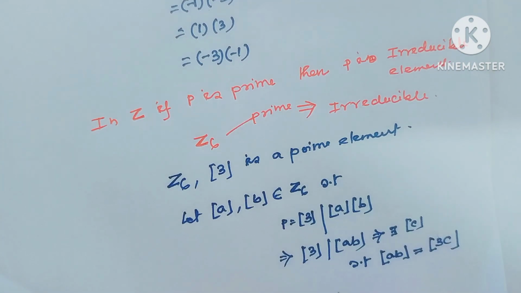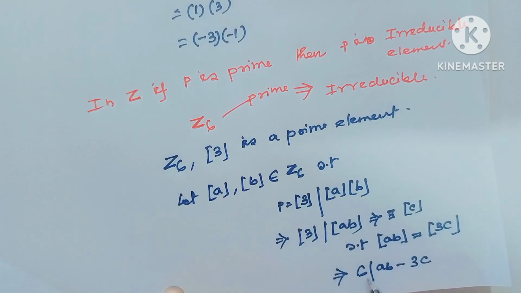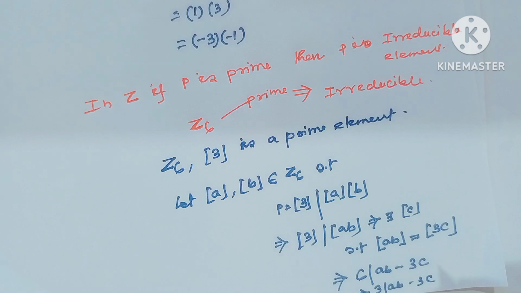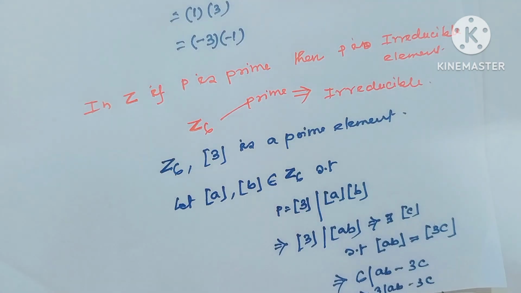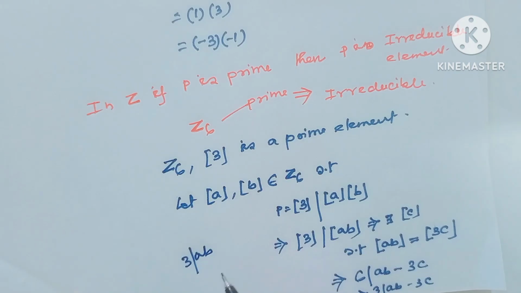That implies 6 divides AB minus 3C. Since 6 divides AB minus 3C, 3 divides AB minus 3C, and so 3 divides AB.